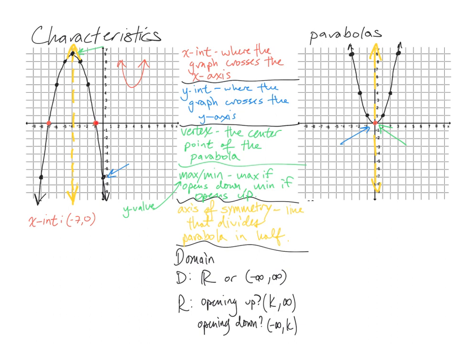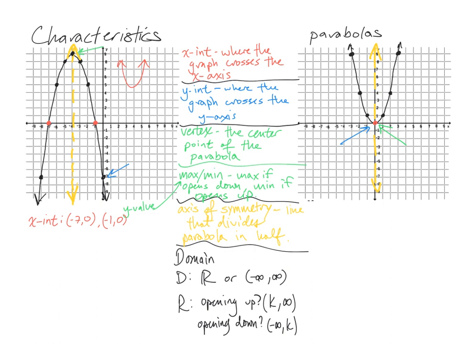This graph crosses the x-axis here at -1, which would give us a second x-intercept at (-1, 0). Now sometimes you might just be asked for the x values, so you may have to report answers that are just -7 and -1.